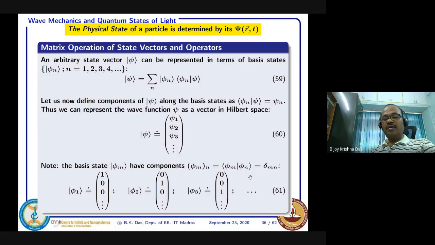In this way, all the basis vectors you can define, and based on them you can span any vector, any state vector or wave function, in terms of these basis vectors.